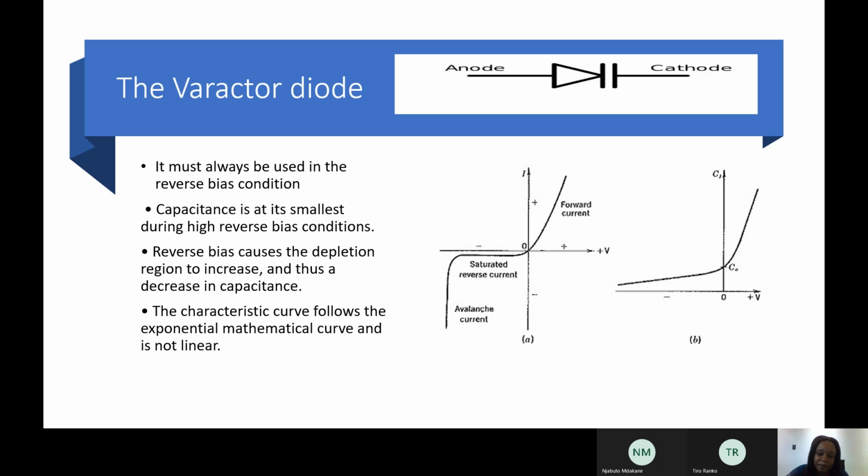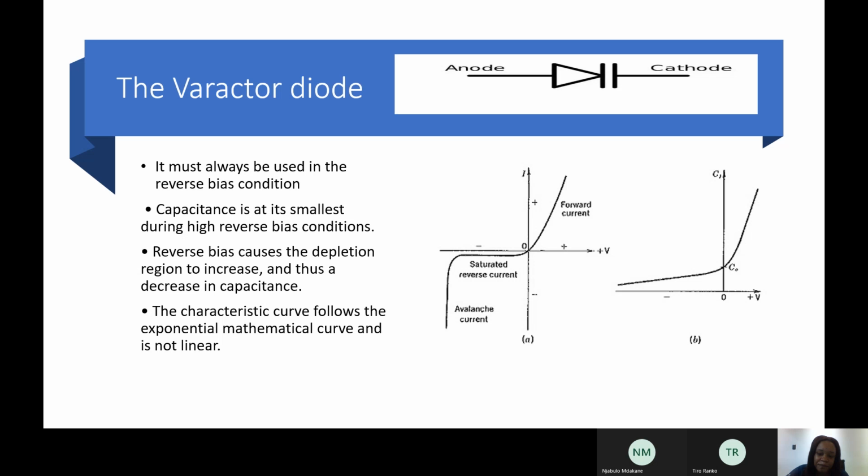So we have a capacitance-voltage characteristic curve, which is at B there. It's called a varactor diode because it's basically short for variable capacitor diode. Sometimes if you look it up, they call it variable capacitor diode. It's the same diode.